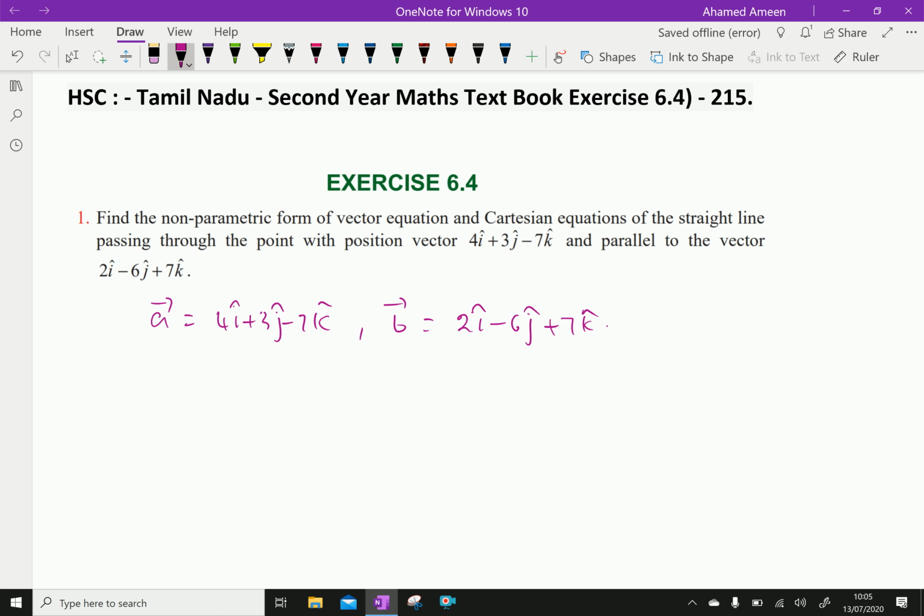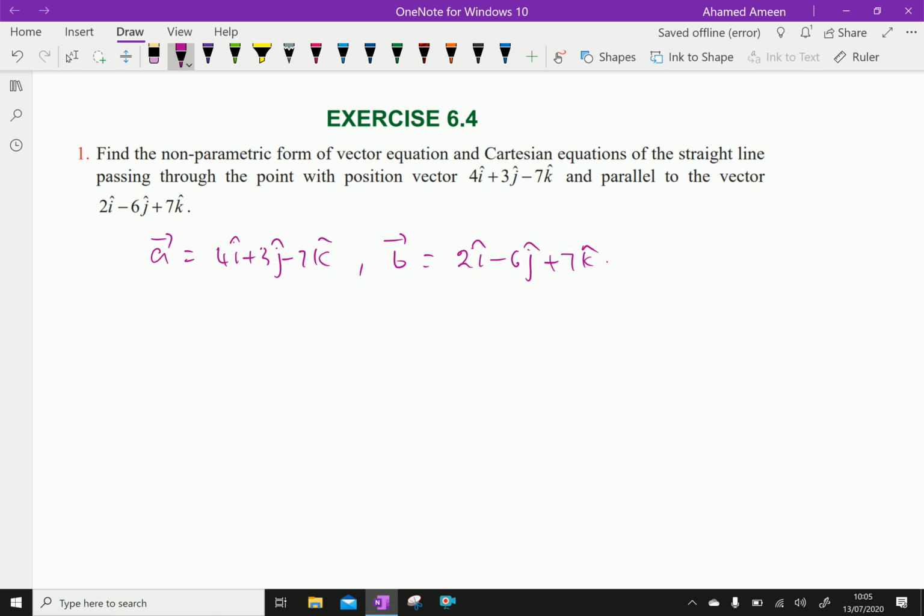Now the non-parametric form of the vector equation.